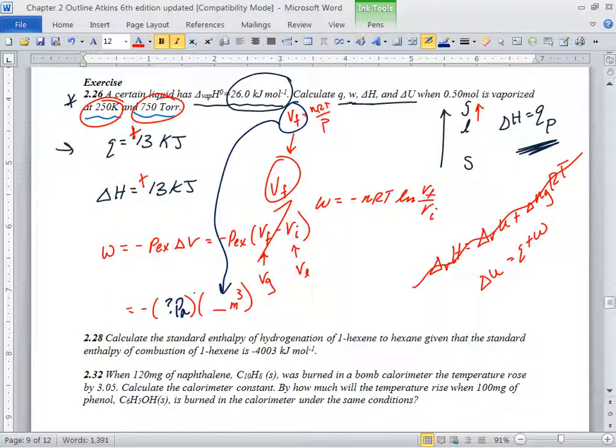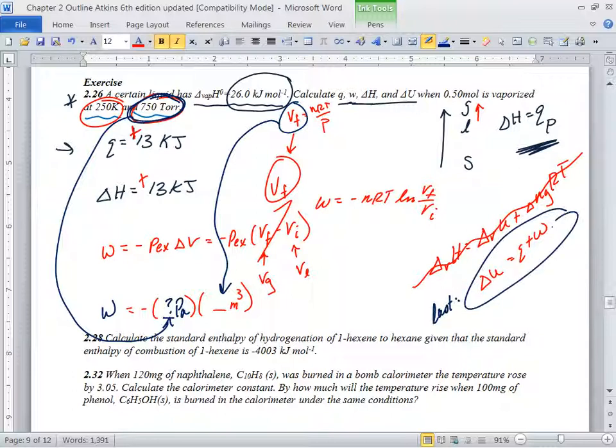So convert what measurement to pascals? Exactly, that 750 torr has to get converted to pascals. And then you'll have it. Okay, so that would be my W. Now that I've got the W, I've got the Q. So this is what you could do last. Get your delta U, just add them up.